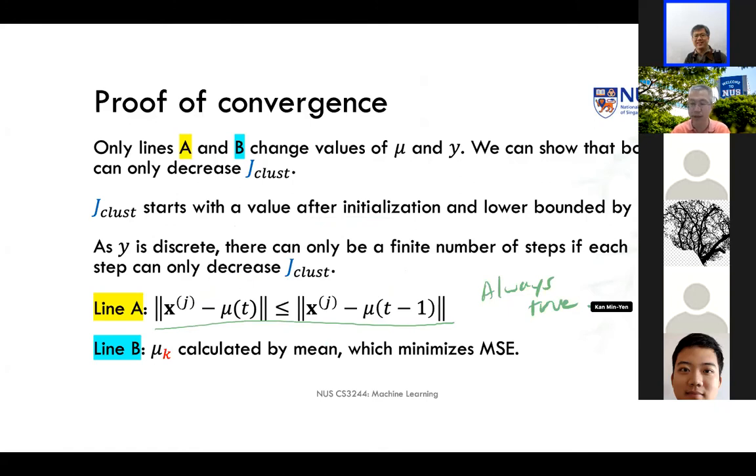The only reason why the cluster center would change from t minus 1 is because we switch membership to a new center, and the only way we do that is because the distance was made smaller. There's no other way that that could happen.